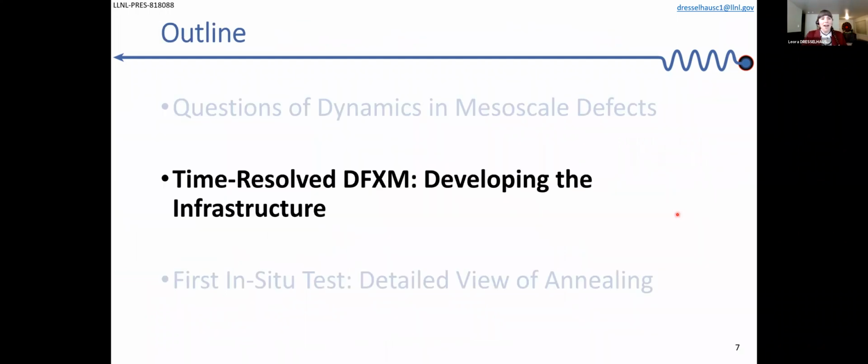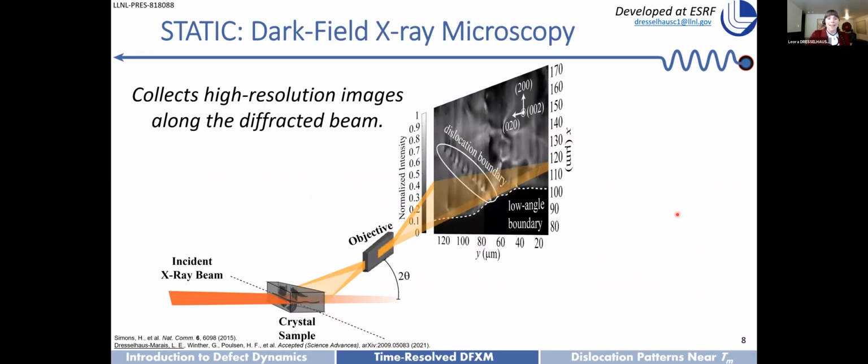So now I turn to time resolved DFXM to give us kind of a new view of this type of time resolved version. So as everybody who comes before me has already explained, DFXM gives us a really nice opportunity to, in real space, collect an image of the subtle distortions deep inside of the lattice in transmission mode with an X-ray objective lens along that lattice plane that allows us to see how these distortions span spatially.